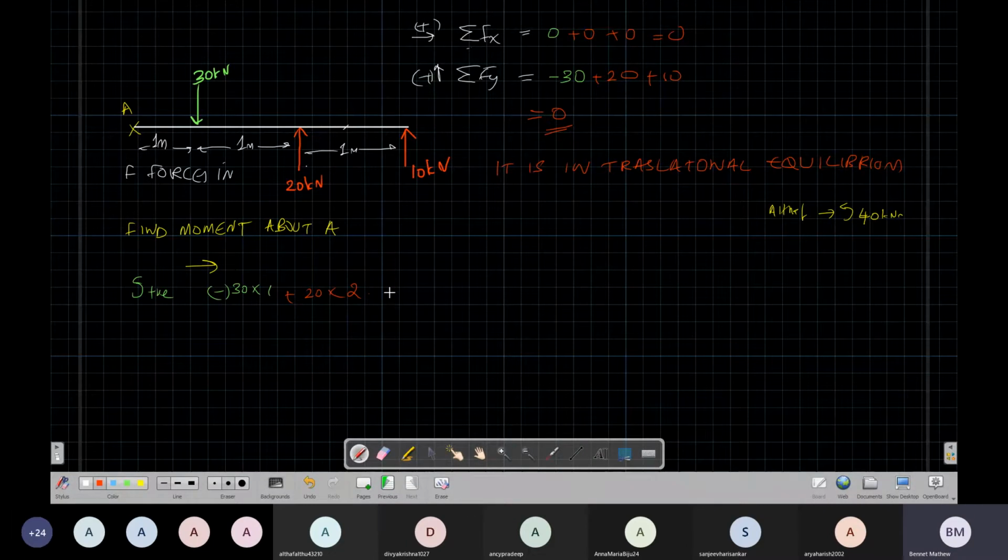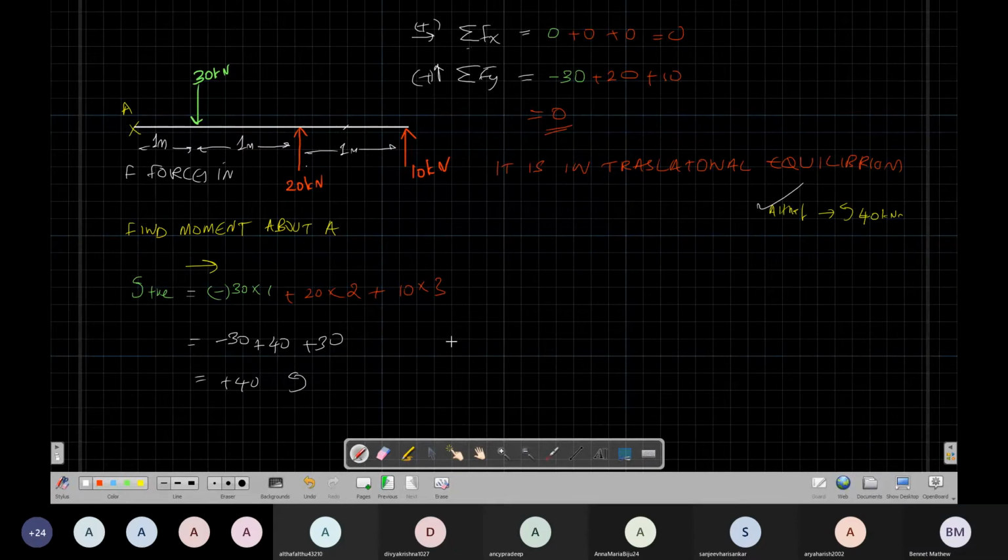Now 10 is also trying to rotate anticlockwise, so 10 into 3. So this is minus 30 plus 40 plus 30, which means plus 40. Plus indicates it is in the anticlockwise direction, so it's absolutely correct.